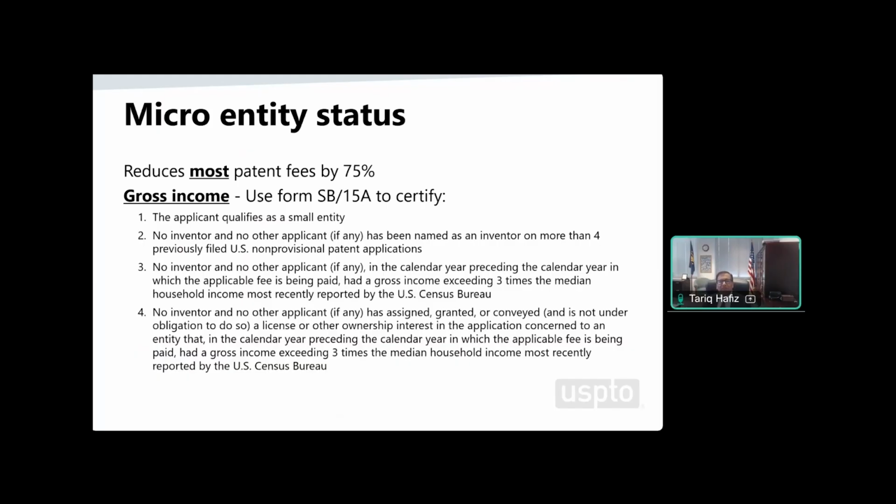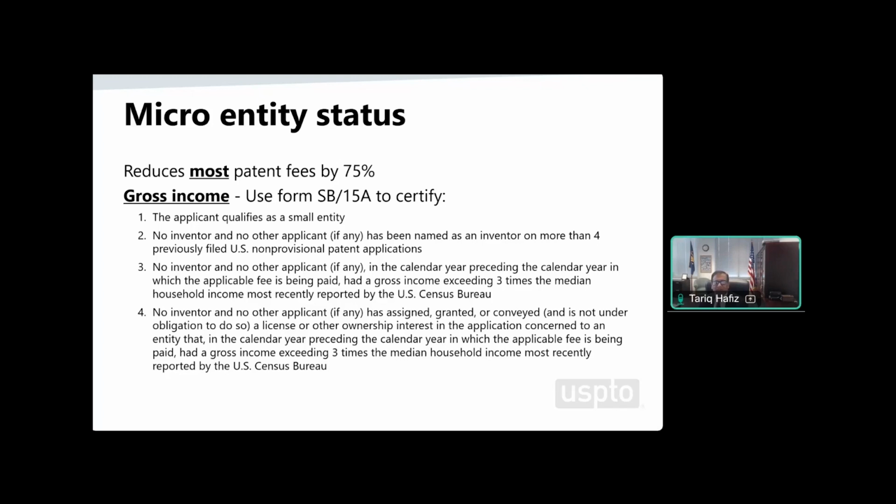If you have filed 5 previous non-provisional applications, you no longer qualify as a micro, and you may qualify for small entity status. There's also an income requirement tied to the median household income. This will change every year based on census data. So please check uspto.gov, which will update every year.